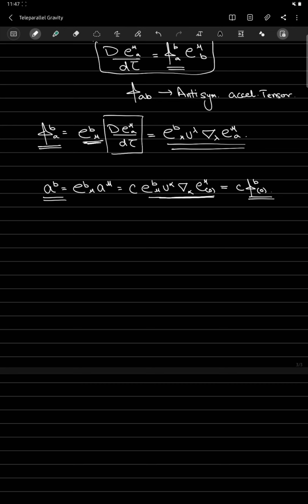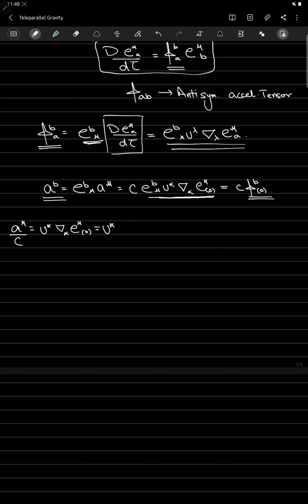Now you can rewrite the expression for A mu, let's just divide it by c. So you can rewrite the expression for A mu, the acceleration, as u alpha covariant derivative of e mu 0, which is then further equal to u alpha covariant derivative of e b 0. I'm just writing the exact same thing again, so let me get rid of this.